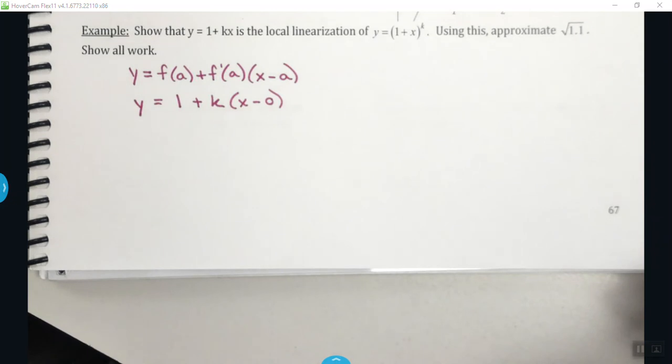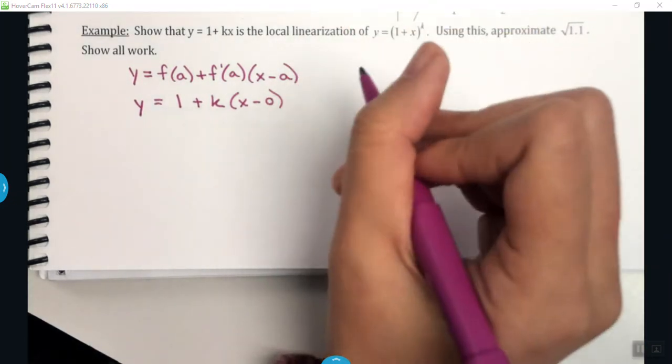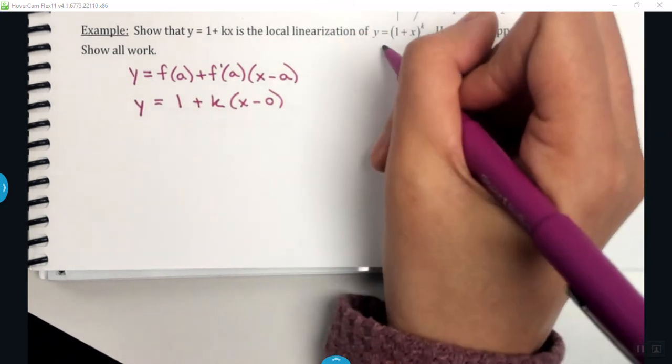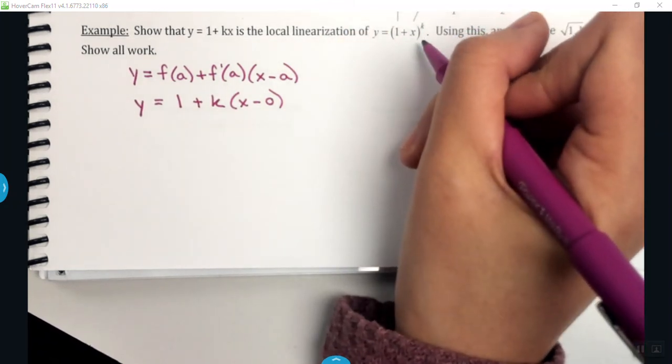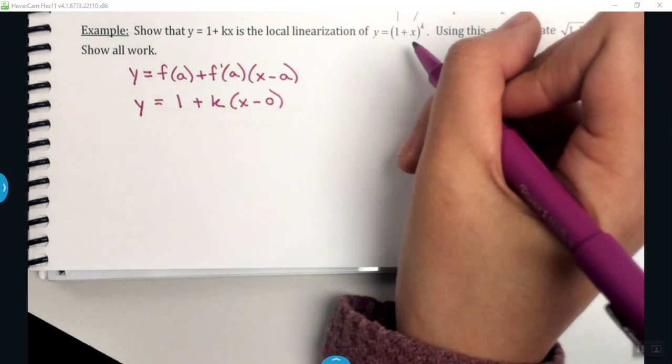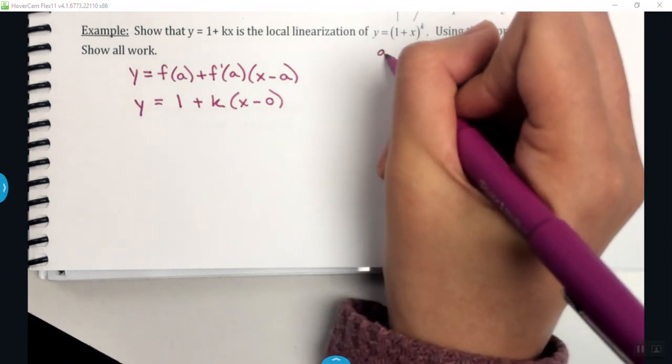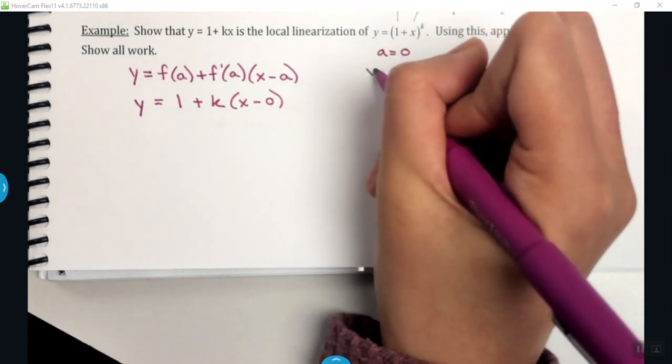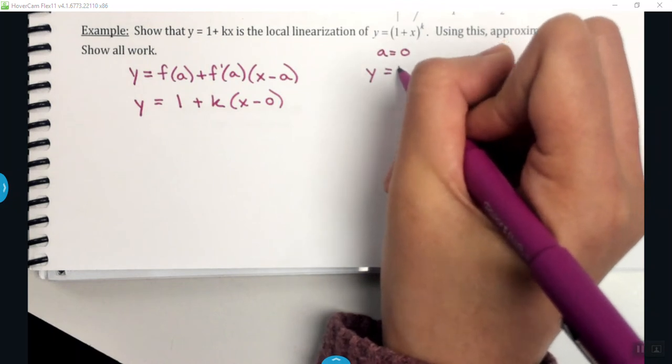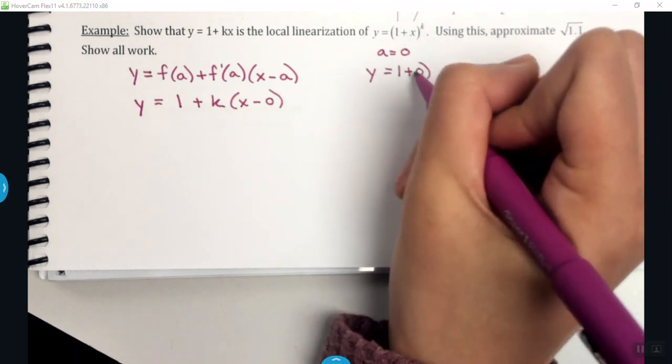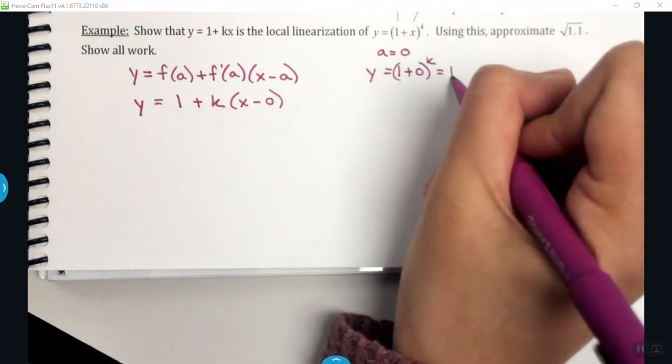I don't think I did that right. This one is my y equals equation. So at a equals 0, y is 1 plus 0 to the k, which just equals 1.